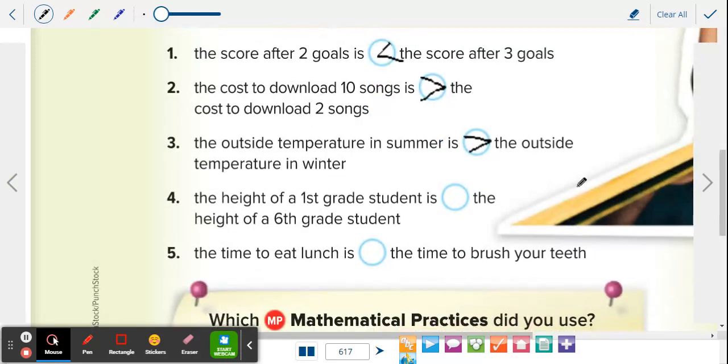Number 4, the height of a first grade student is blank the height of a 6th grade student. Less than, I would hope. Number 5, the time to eat lunch is blank the time to brush your teeth. Greater than. It's going to take you more time to eat lunch than to brush your teeth. Once you have all that, go ahead and go on to the next page.